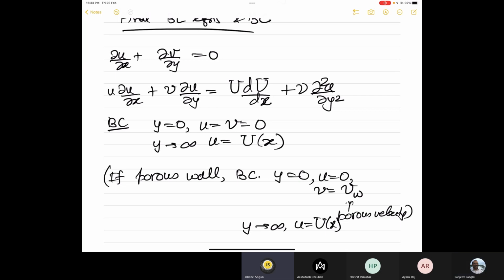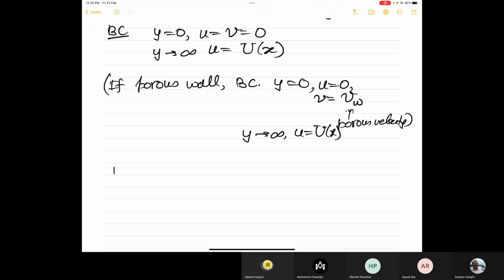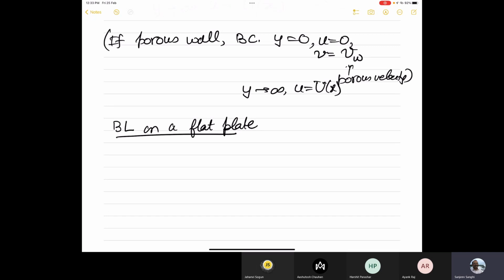So then, given this, now let's look at the case of boundary layer on a flat plate. Now, when we talk of boundary layer on a flat plate, how are we going to find a flat plate in a potential flow?